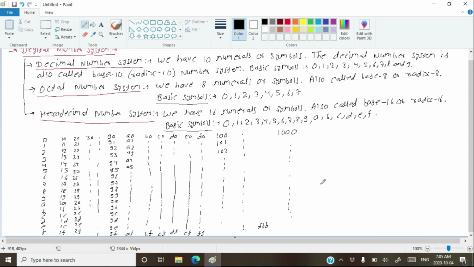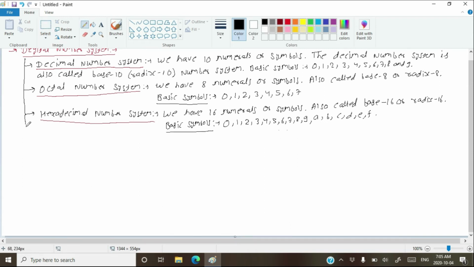Now let's see another number system called binary number system, and this is the most important number system that exists in computer science. So the other number system we have is the binary number system. We have a total of two symbols, or numerals.